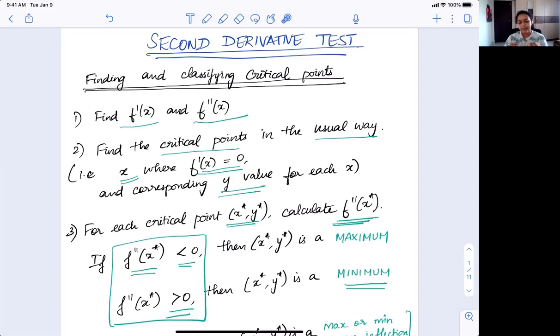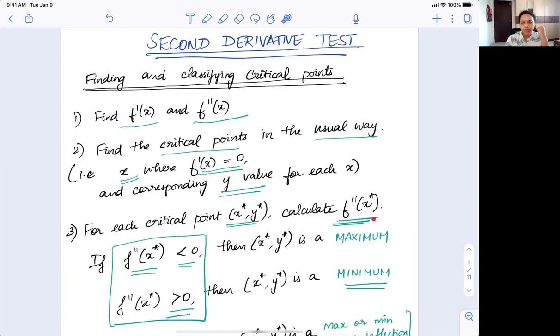Now the next step is to classify and understand whether these critical points are referring to a maximum point or a minimum point. And this is where the second derivative comes into play. Now, what you do is you have f double prime x with you.